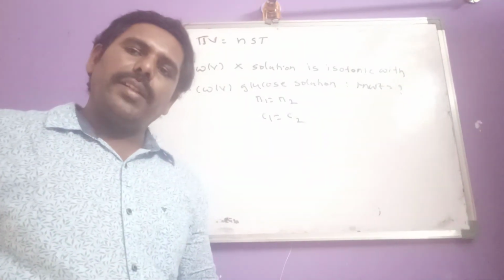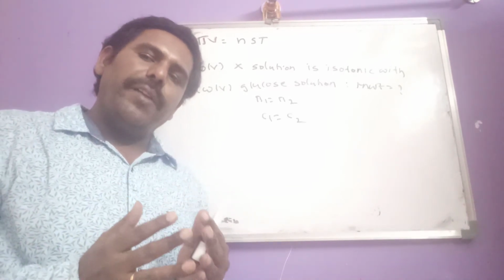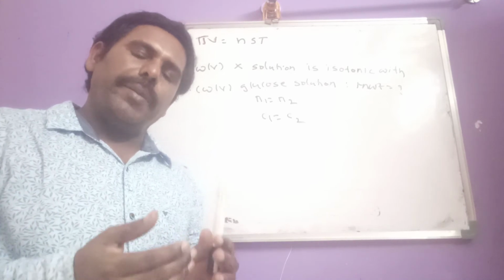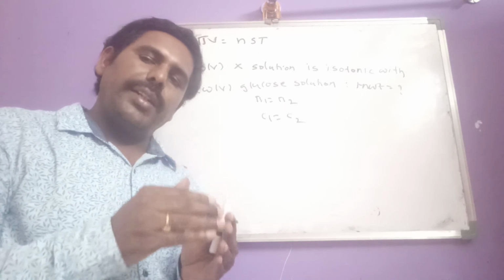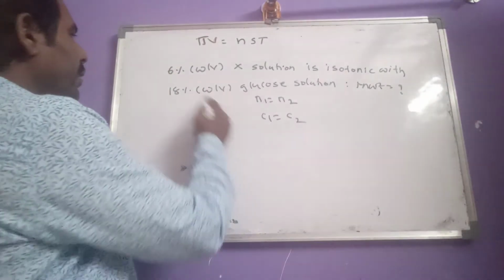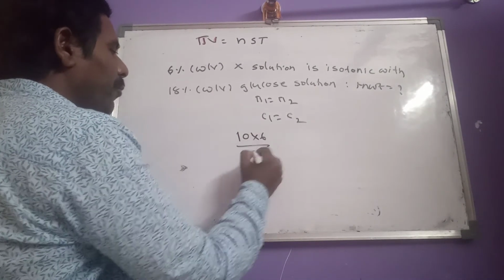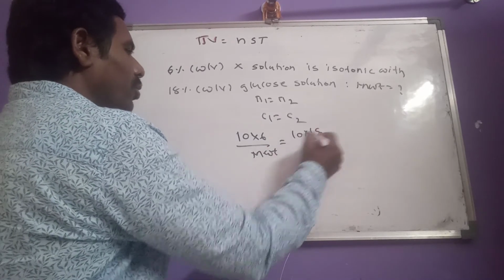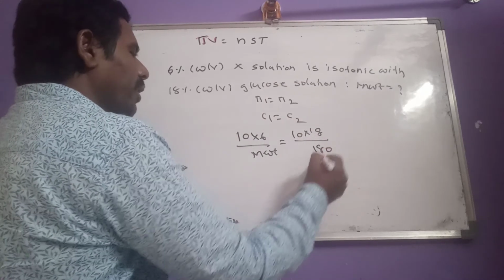How can you measure the concentrations? We know that when percentage W by V is given, to calculate the concentration, that means molarity, the formula is 10 into percentage by molecular weight. So here C1 means 10 into 6 by molecular weight, which we need to determine, equals to 10 into 18 by molecular weight of glucose, 180.